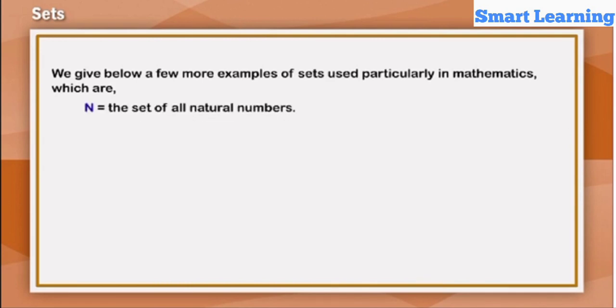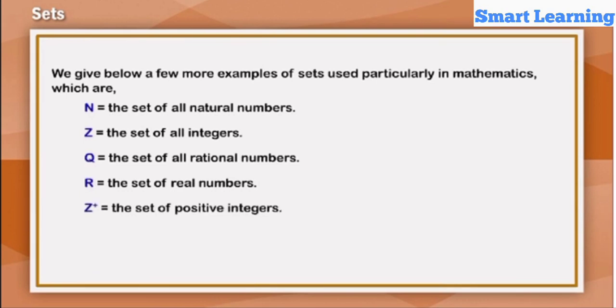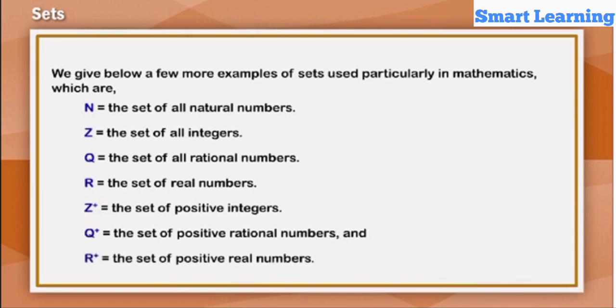N is equal to the set of all natural numbers, Z is equal to the set of all integers, Q is equal to the set of all rational numbers, R is equal to the set of real numbers, Z plus is equal to the set of positive integers, Q plus is equal to the set of positive rational numbers, and R plus is equal to the set of positive real numbers.